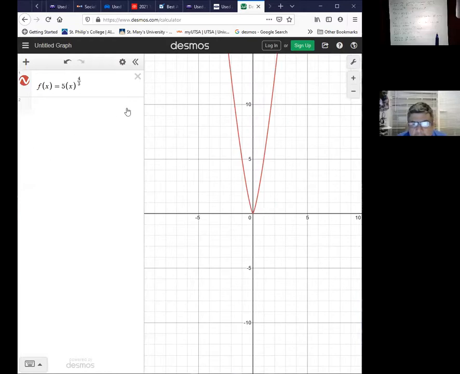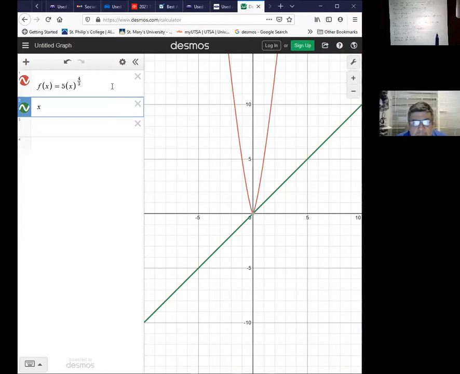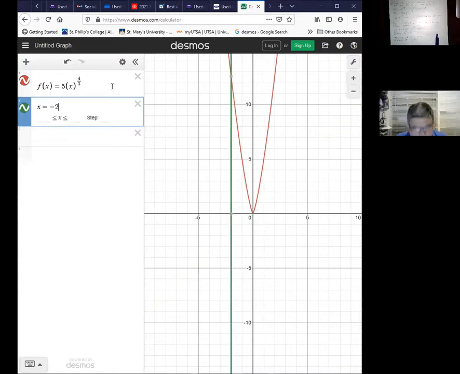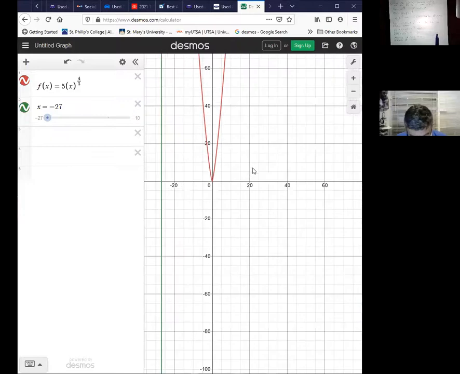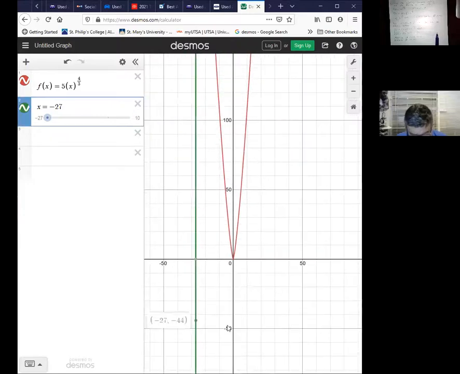We have to restrict it, right? Because we have an x value at x equal to -27. Let's find out where that's at. I forgot that it wasn't a global maximum. All right, so here's the y value. So you go all the way to 408, right?